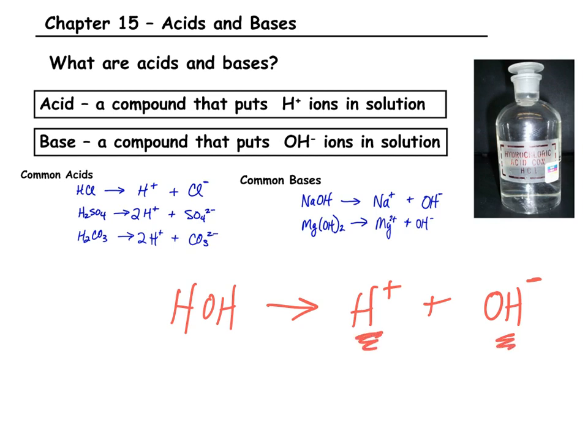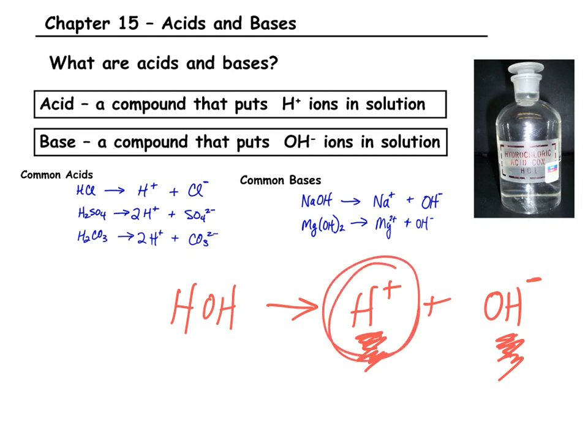And if it makes OH-, you could consider it a base, but it's kind of both acid and base at the same time. So the fact that it's both of them, it's kind of neutral and doesn't really have the properties of an acid or a base. But if we throw something else into the mix, then we can change the amount of H+ or OH- ions, and that's what happens when you make an acid.